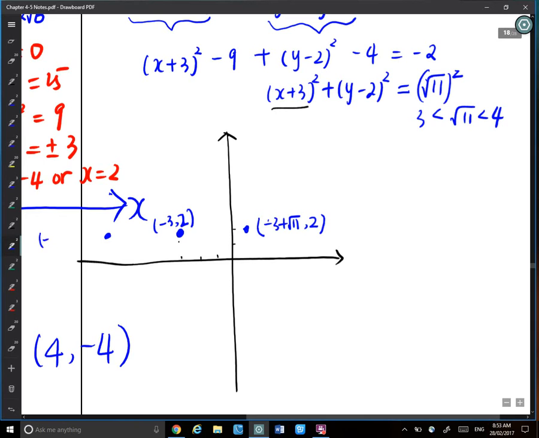That will be minus 3 minus root 11, 2. And then I will go up by root 11 units, so that is minus 3, 2 plus root 11. And I will go down for root 11 units, it's here. So minus 3, 2 minus root 11. Okay, and let's connect the graph.